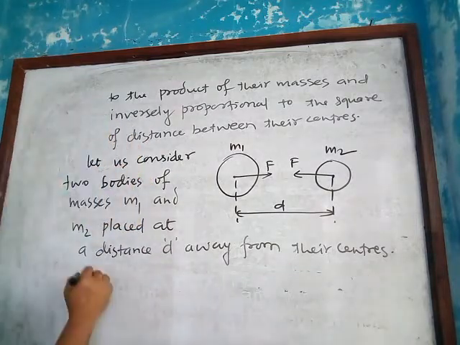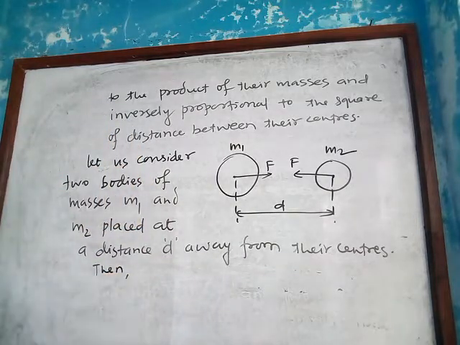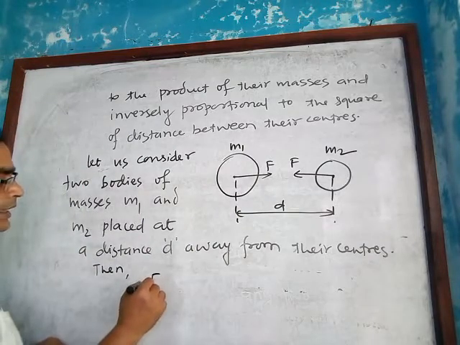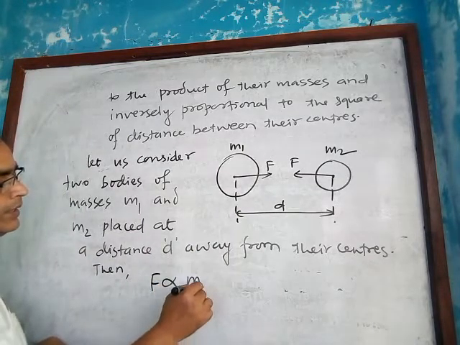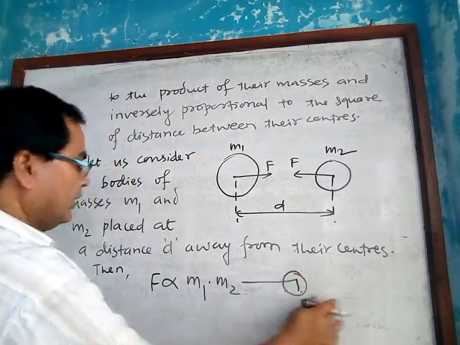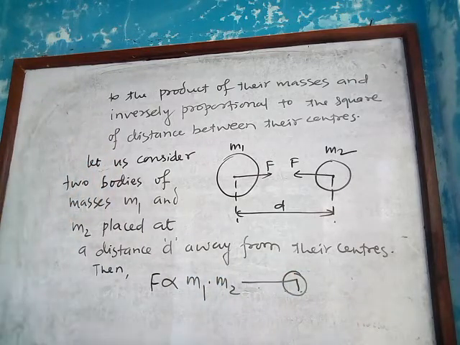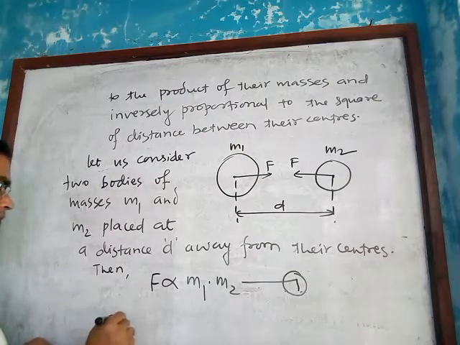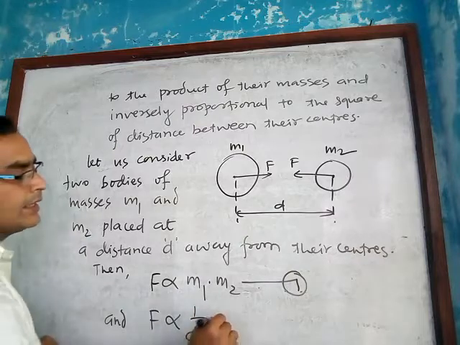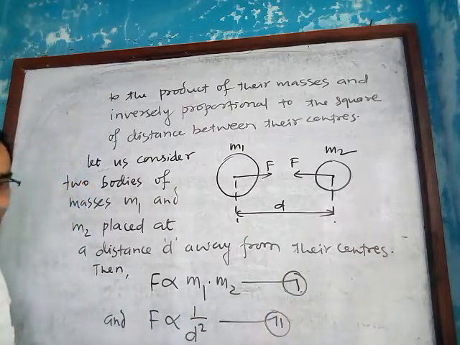Then the force of gravitation between them can be written as: F is directly proportional to m1 into m2, and F is inversely proportional to the square of the distance between their centers.